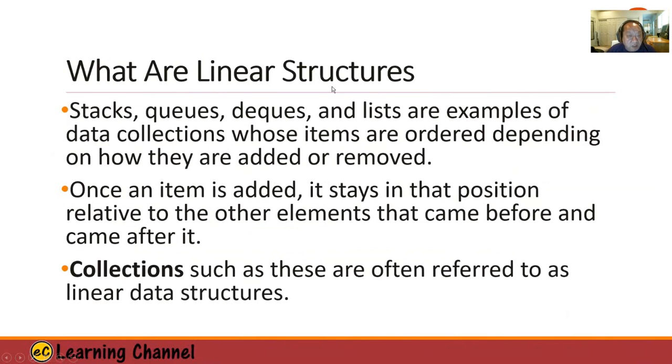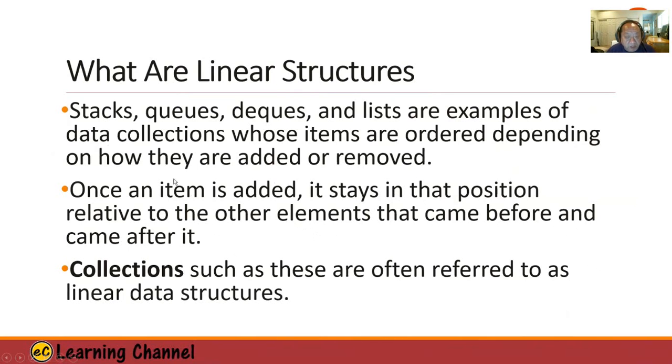Okay, what are linear structures? I talked about it. It's 1D. So stack, queue, deque: these are examples of data collections whose items are ordered depending on how they are added or removed from the data structure. Once an item is added, it stays in that position relative to the other items that come before or after it.